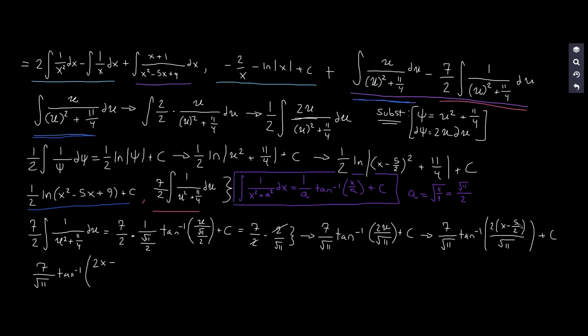Well, 10 divided by 2 is 5, so minus 5 over the square root of 11 plus c.